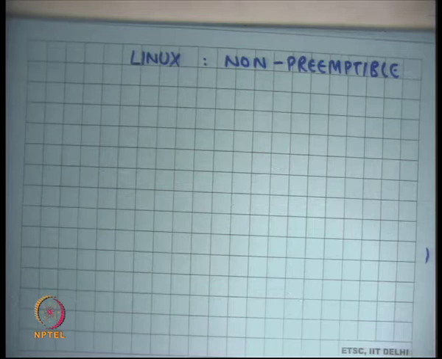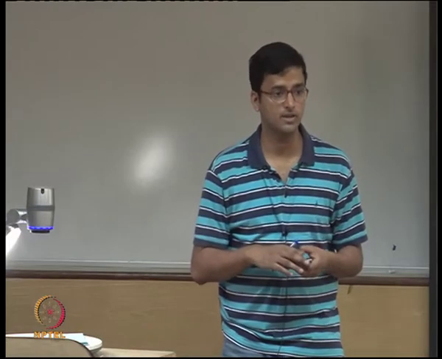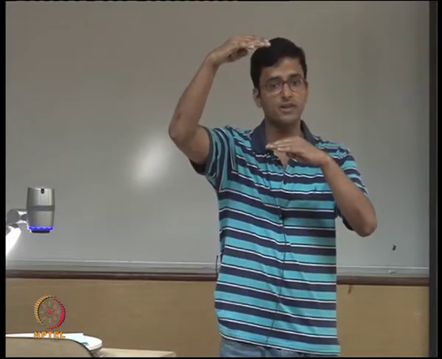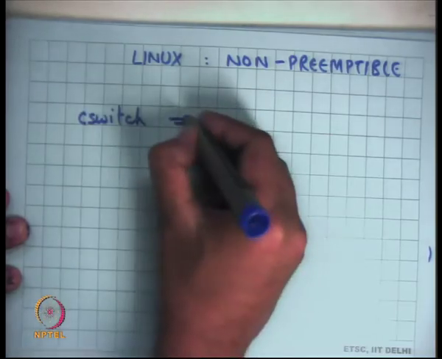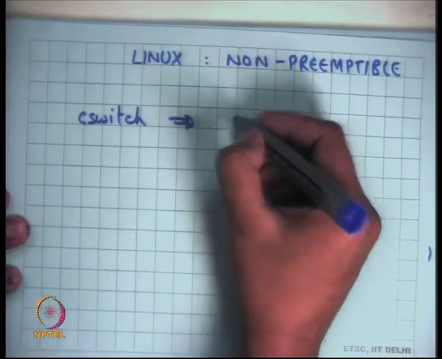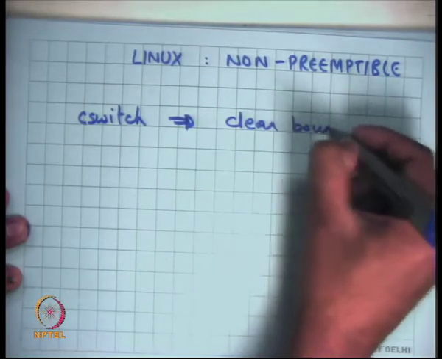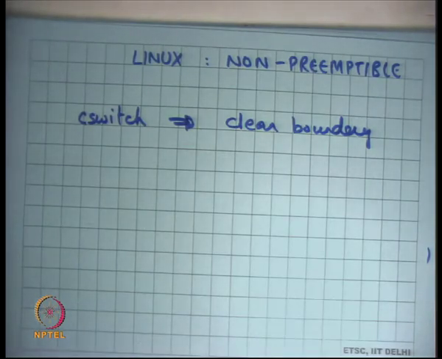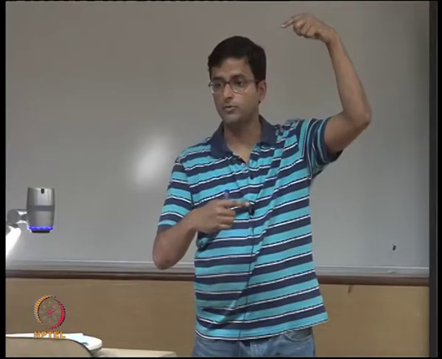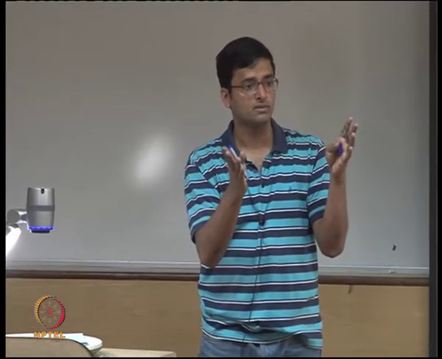It waits for the thread to yield before it actually does a context switch, which basically means that a context switch from thread 1 to thread 2 implies a clean boundary, which means whatever operation the thread had to do inside the kernel has been completed before the context switch has happened. You cannot context switch in the middle of an operation, right?